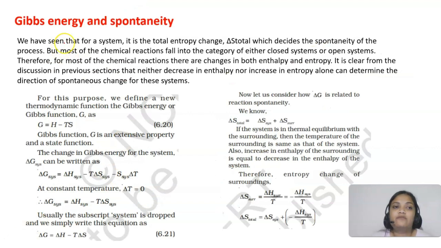Okay, so now we have to have another quantity. Now you know for a system, it is the total entropy change, means delta S total, which decides the spontaneity of the process. Okay, so agar spontaneous process hoga, delta S must be greater than 0.